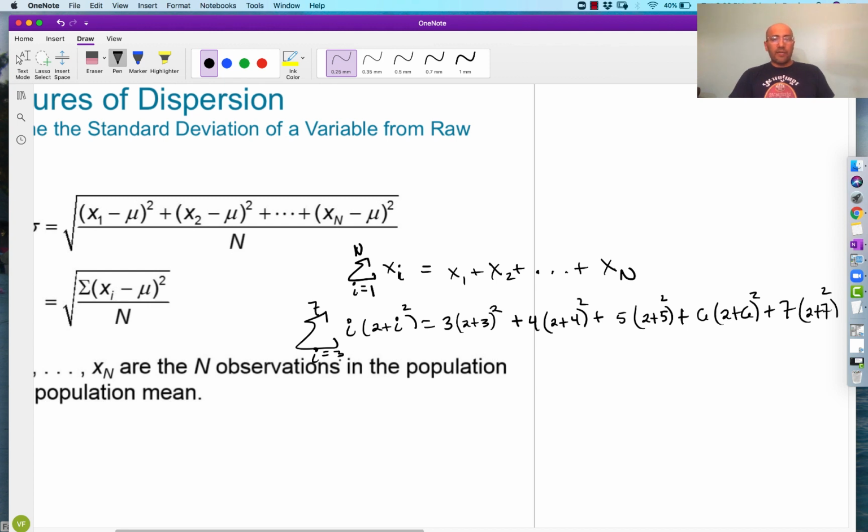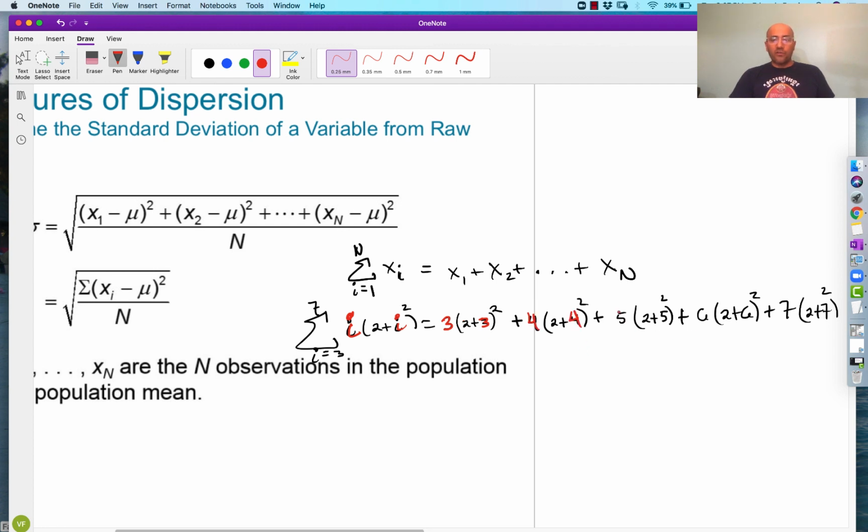Keep repeating it. We start here, so 3, replace the i's with 3s. Maybe I should have put them in color, huh? So here is the i and the i. First we replaced all those i's with a 3. That's where it started. It started at i equals 3. So 3 and 3. Then we replaced all those i's with a 4. So 4 and 4.